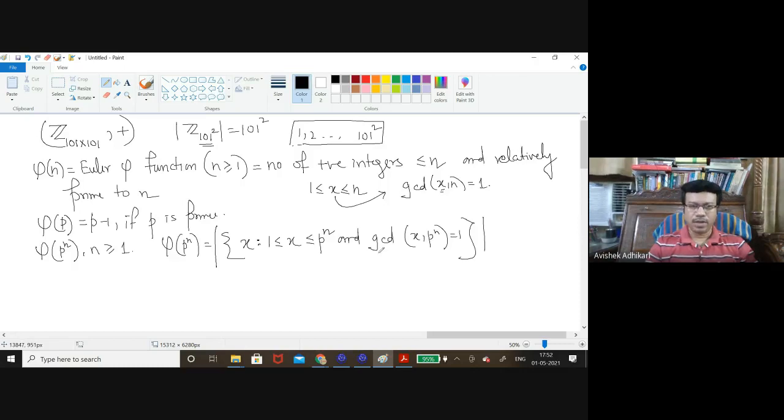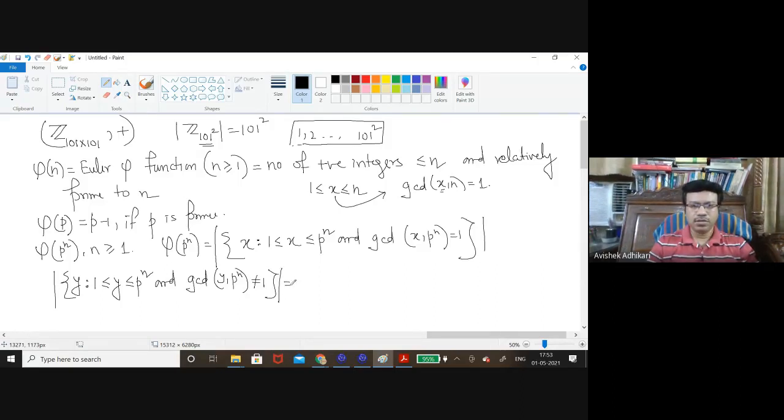Now if I ask the question in a different way: try to find how many elements within this range are not relatively prime with p to the power n. That means suppose I consider another set, y, such that 1 ≤ y ≤ p to the power n and GCD of y and p to the power n is not equal to 1, and I need to find this cardinality.